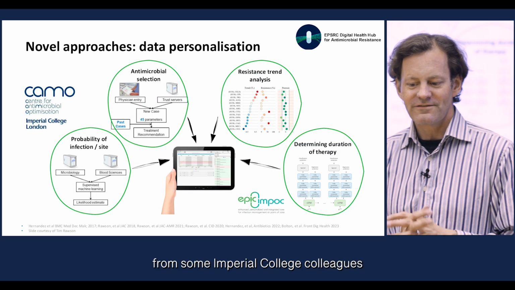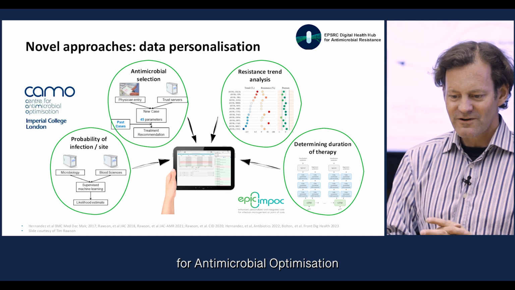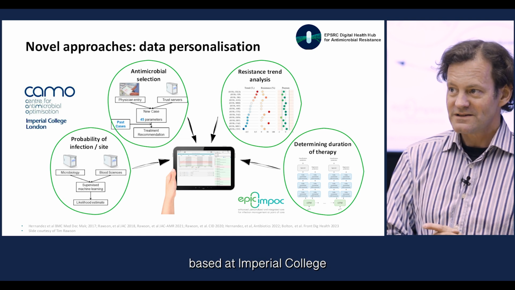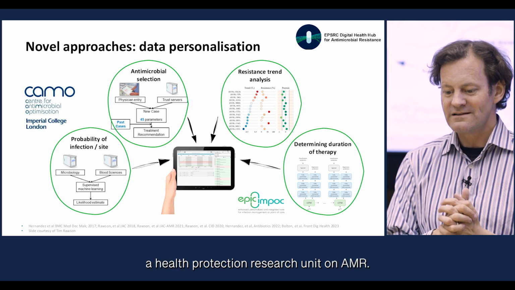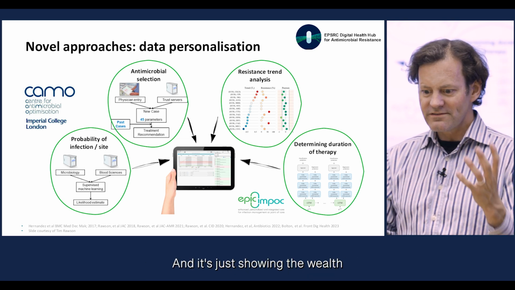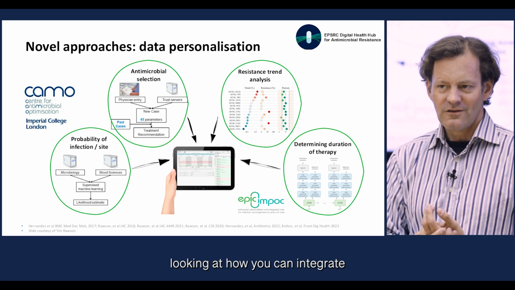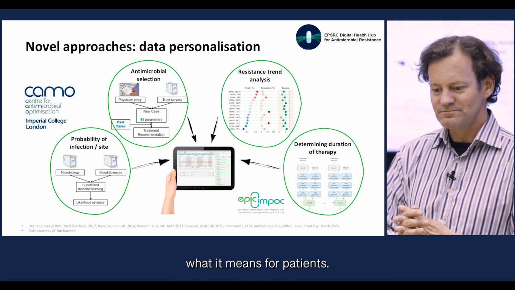This is a slide from some Imperial College colleagues with the Centre for Antimicrobial Optimization based at Imperial College, which we co-lead a health protection research unit on AMR on. And it's just showing the wealth of work that they have done, looking at how you can integrate novel data techniques into understanding what it means for patients.